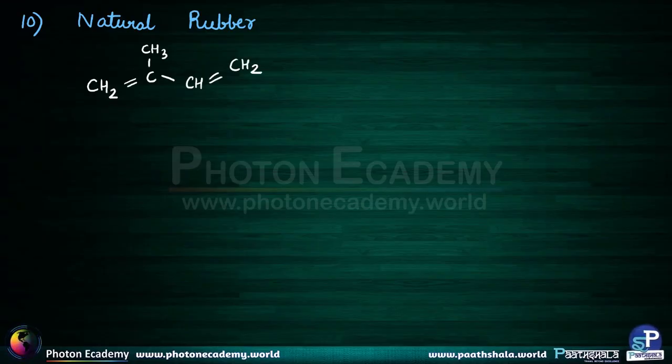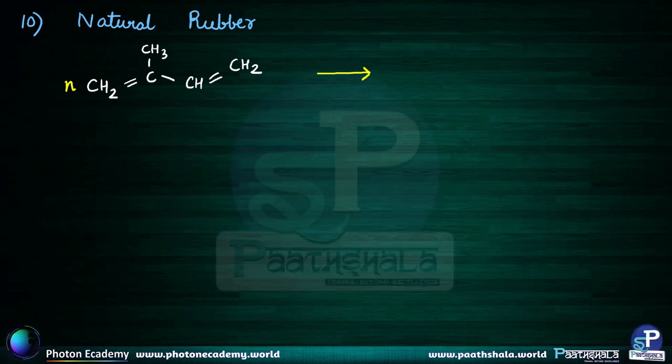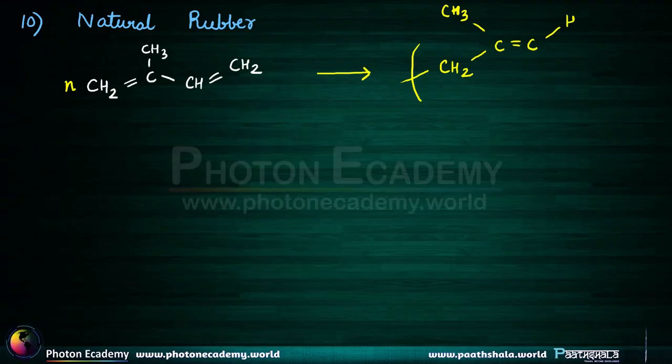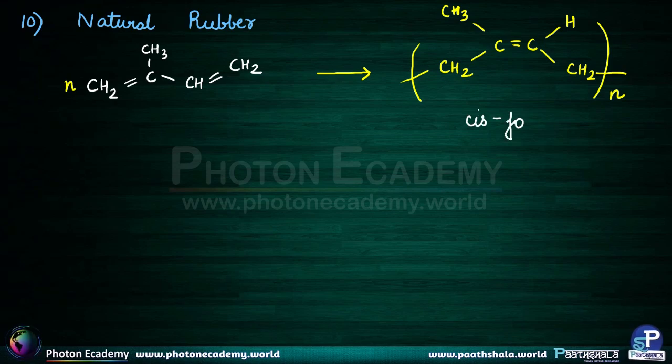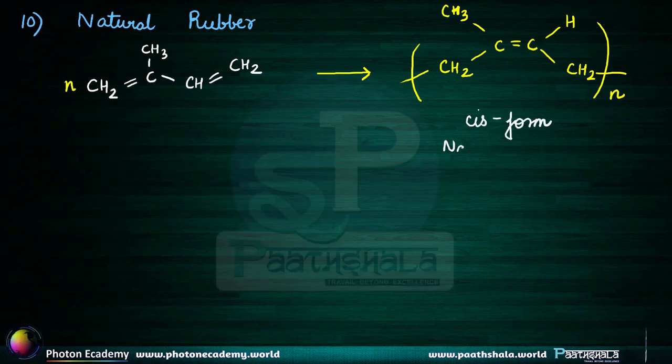N units of this, and we will obtain two kinds of isomers. One being the cis form. So the cis form looks something like this: CH2, C double bond C. Then we have CH3 here, then we have H over here, then we have CH2 over here, and we have n units of this. And this is the cis form, referred to as natural rubber.